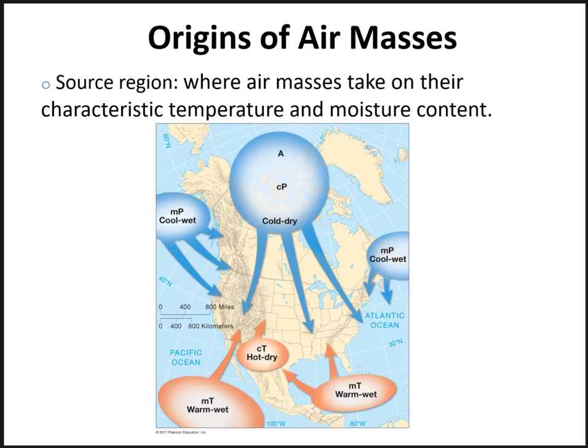So air masses are born in a source region where they take on the characteristic temperature and moisture content. Source regions are often regions of low relief and calm winds that prevent any turbulent mixing and allow the air to take on the condition of the surface over which it forms. So examples of source regions include the icy continental portion of Canada in the winter.